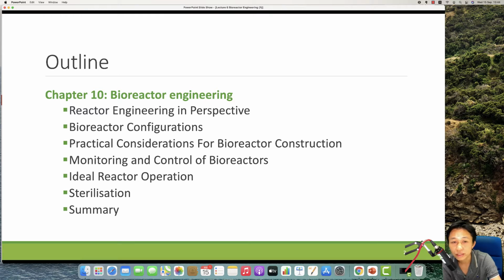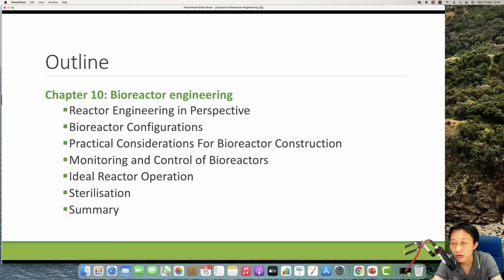reactor engineering in perspective, and we talk about bioreactor configuration, and how, for the practical use of bioreactor, we are going to use it, and how we are going to build this reactor. So we talk about how we monitor and control.